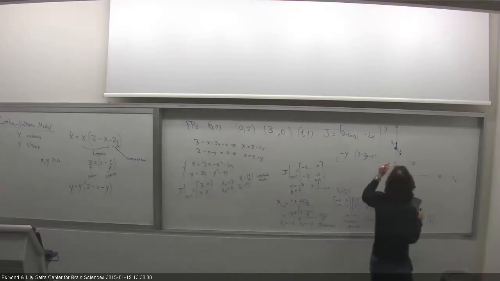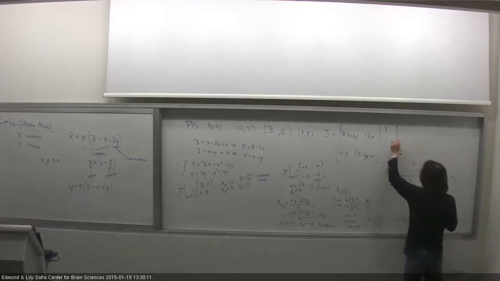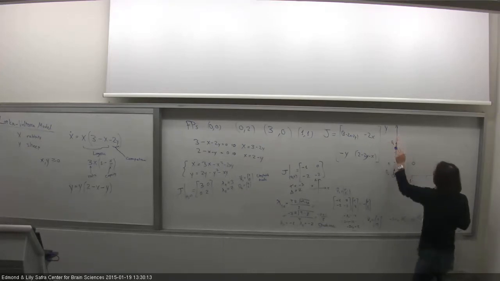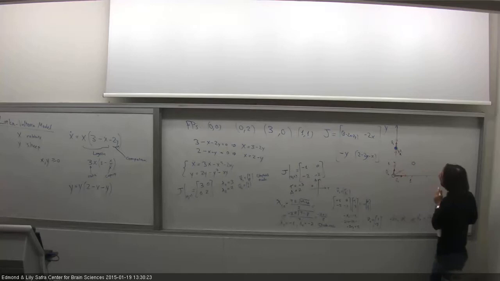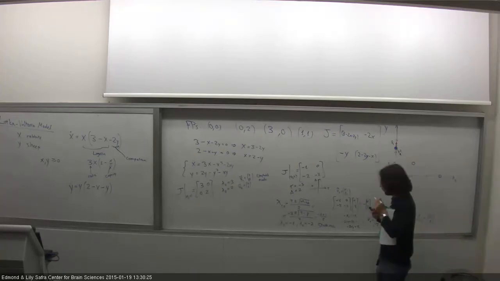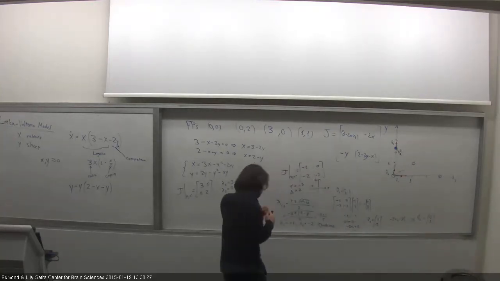So I can immediately draw trajectories on these. On the axis, I have things going straight into V2. I have this, and okay, in between, you can try to do that.